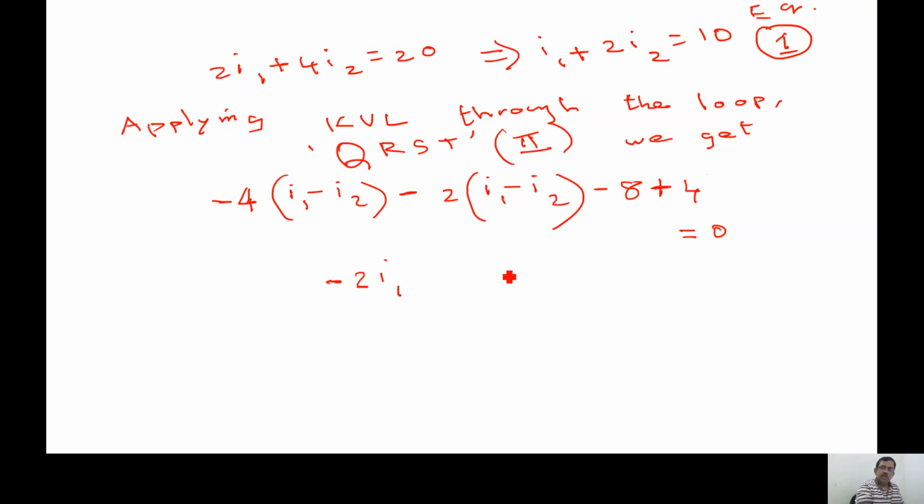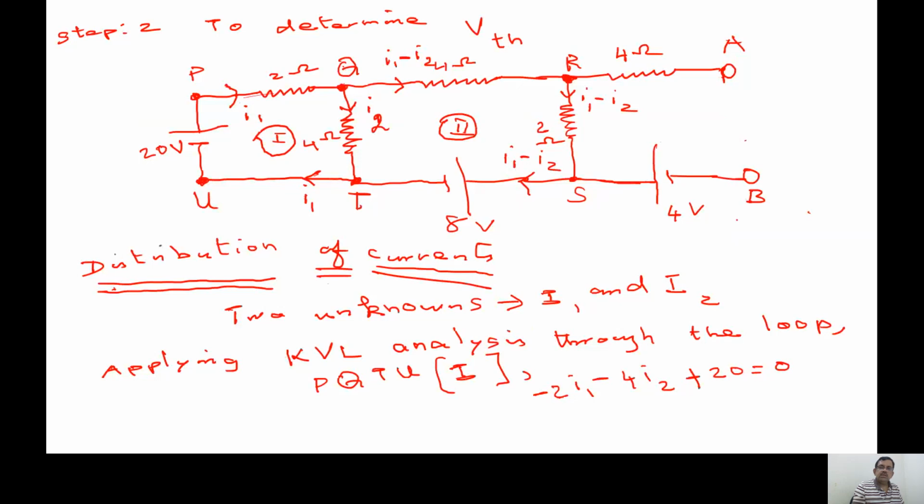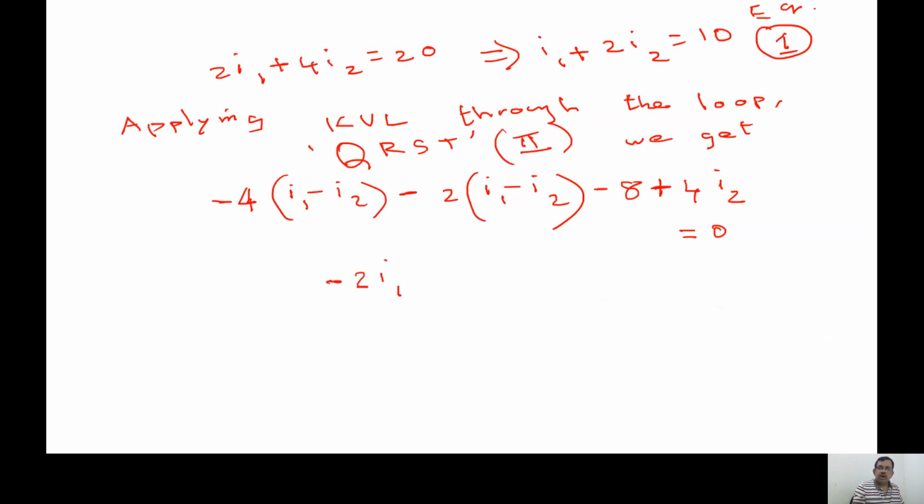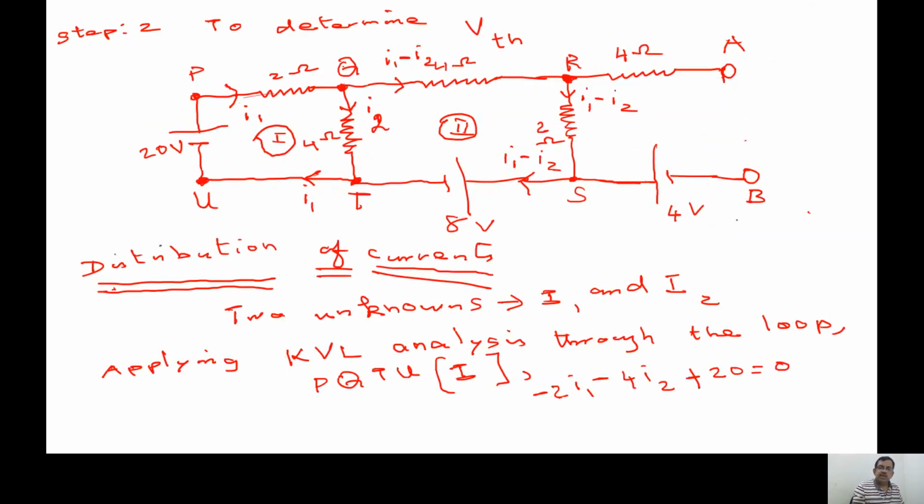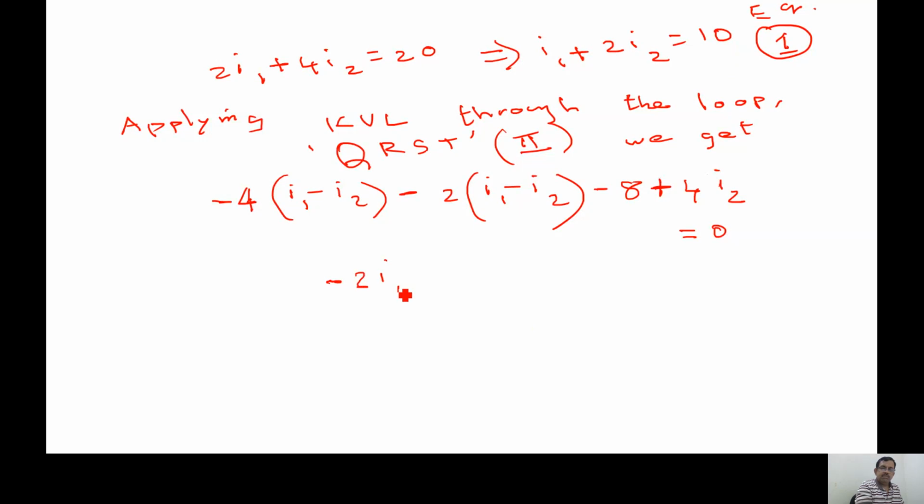So it becomes 4 into I2. Is this 4 or 2? We have to see that again. 4 I2. In the arm TQ, it becomes minus 6 I1, because there is no I1 term here, only in the first two terms. Minus 6 I1.